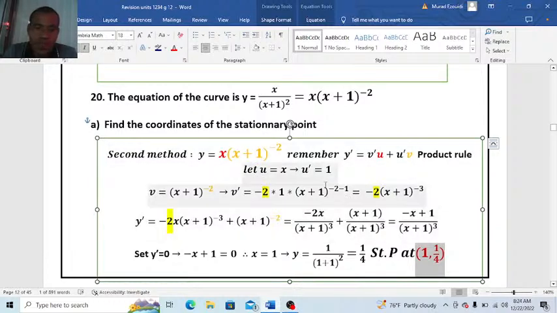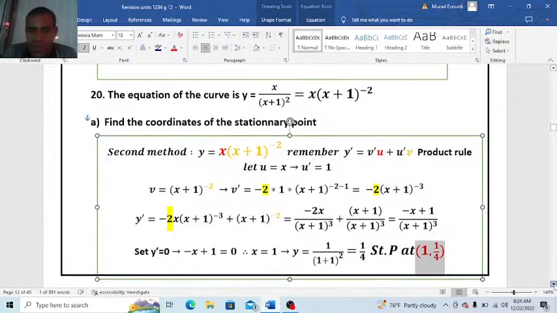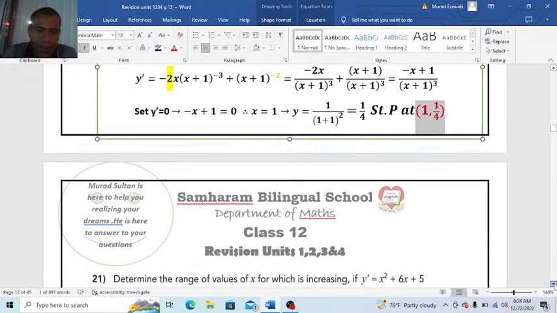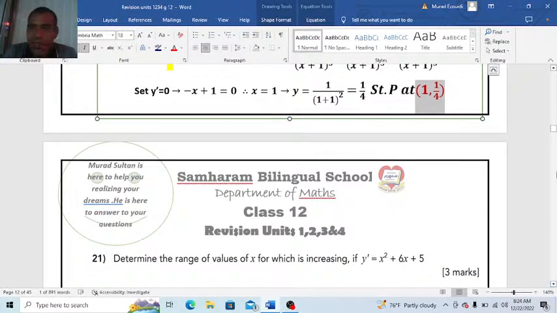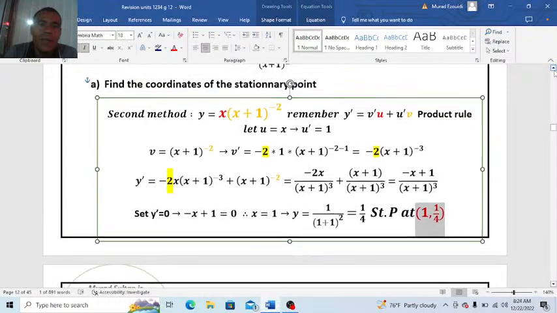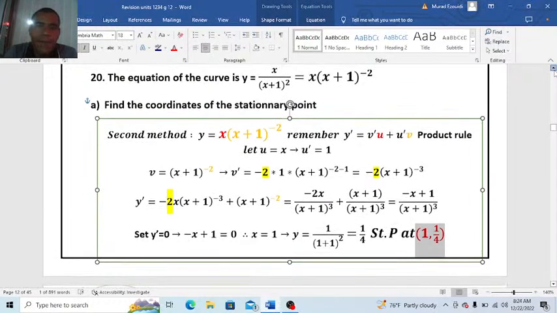Now the next question: find the coordinates of the stationary point. Class, we found it. If you want to solve this with a different method, I will use the quotient rule. What do you think?